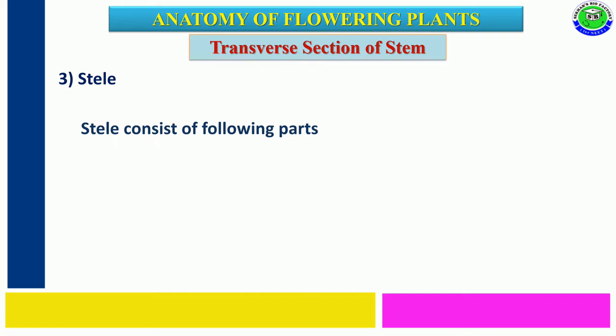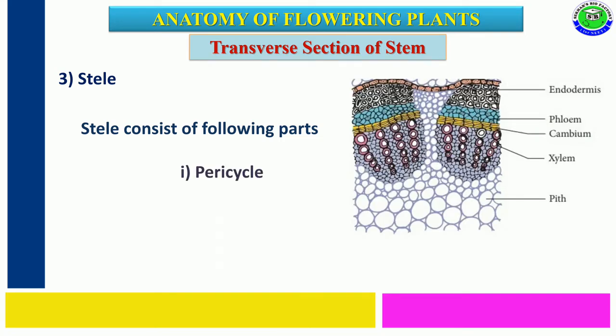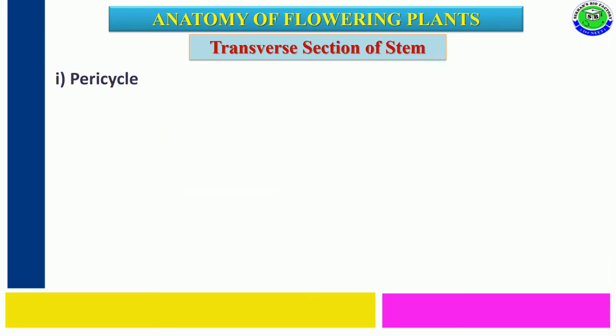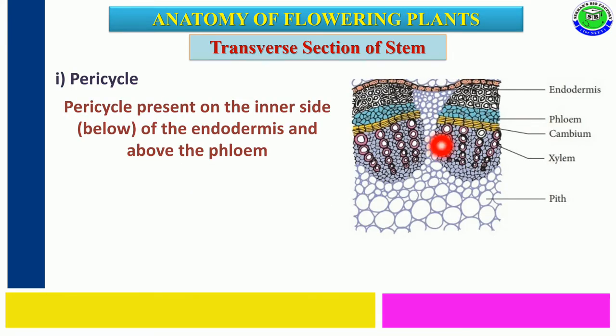The stele consists of various parts: the first part is the pericycle, the second part is the vascular bundle, the third part is the pith or medulla, and the fourth part is the medullary rays. The first part is the pericycle. The pericycle is present just below the endodermis with sclerenchymatous cells.